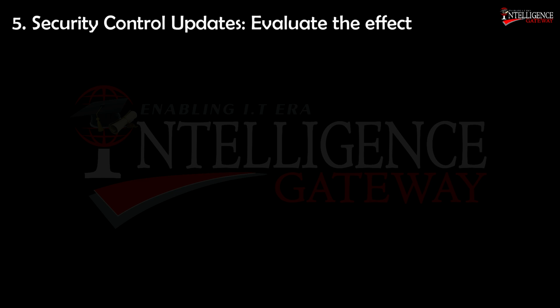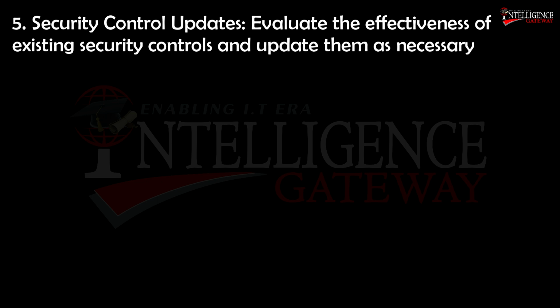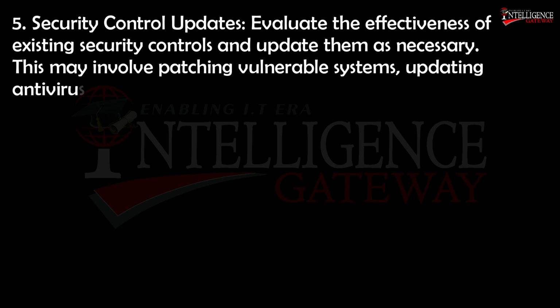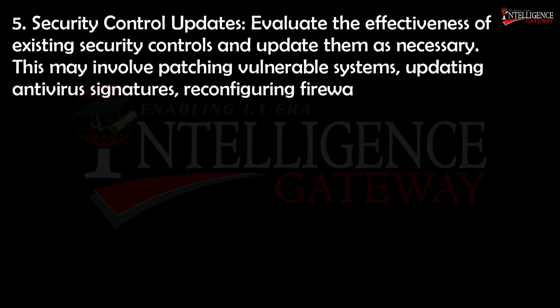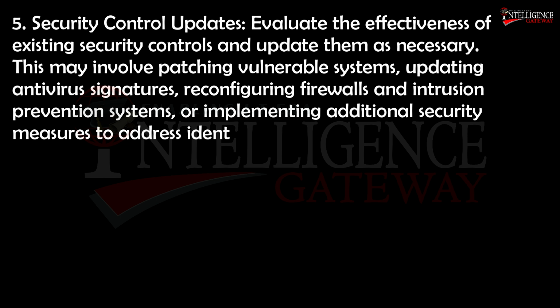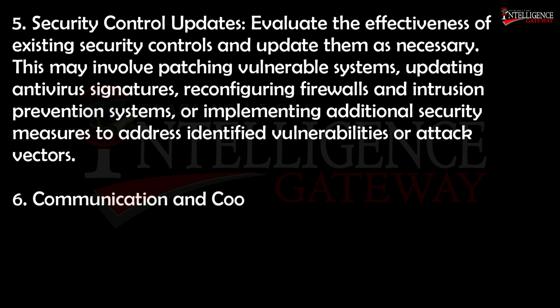Security control updates. Evaluate the effectiveness of existing security controls and update them as necessary. This may involve patching vulnerable systems, updating antivirus signatures, reconfiguring firewalls and intrusion prevention systems, or implementing additional security measures to address identified vulnerabilities or attack vectors.